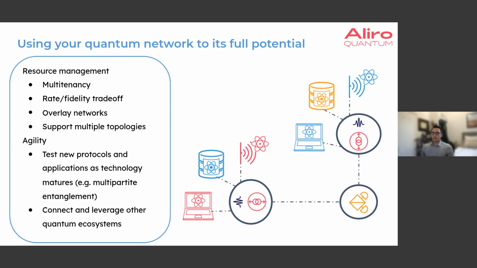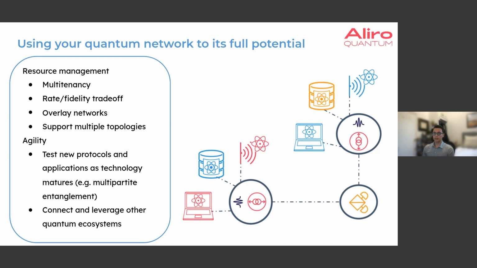So I'd like to talk a little bit about agility in building out these networks at scale. You want to be agile in the implementation of these networks and the operation of them as well. So being able to test new protocols and applications, and being able to integrate new pieces of hardware and software as the technology matures, so we can use the latest and greatest.